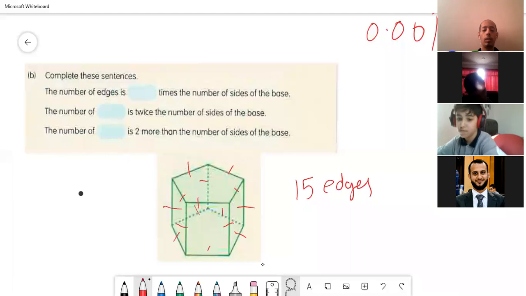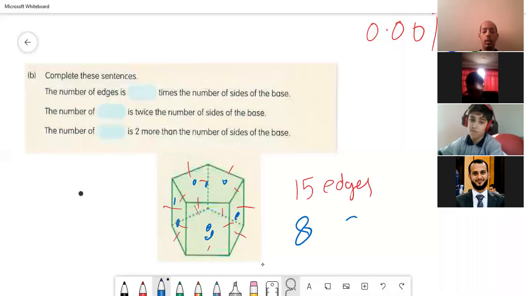Right. How many sides? 1, 2, 3, 4, 5, 6, 7, 8. 8 sides. Right.